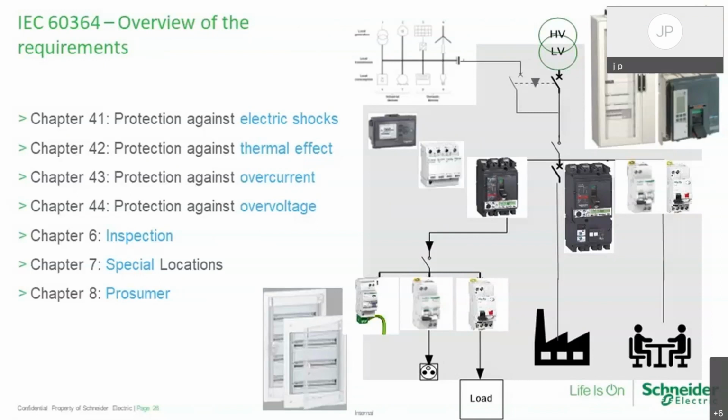Protection over current by OCPDs. Protection against overvoltage by SPDs, surge protection devices. You have to make the inspection. You have to consider special location, and you have also to consider the prosumer installation.